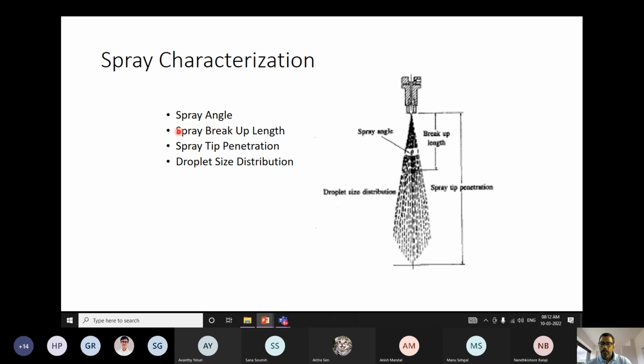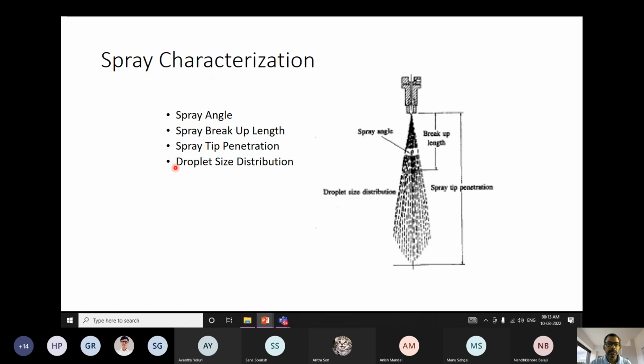So when you design a fuel injection system, we have to find out what the spray angle is, what the breakup length is, how far the fuel travels across the combustion chamber depending upon the back environment, and what the droplet size distribution is.